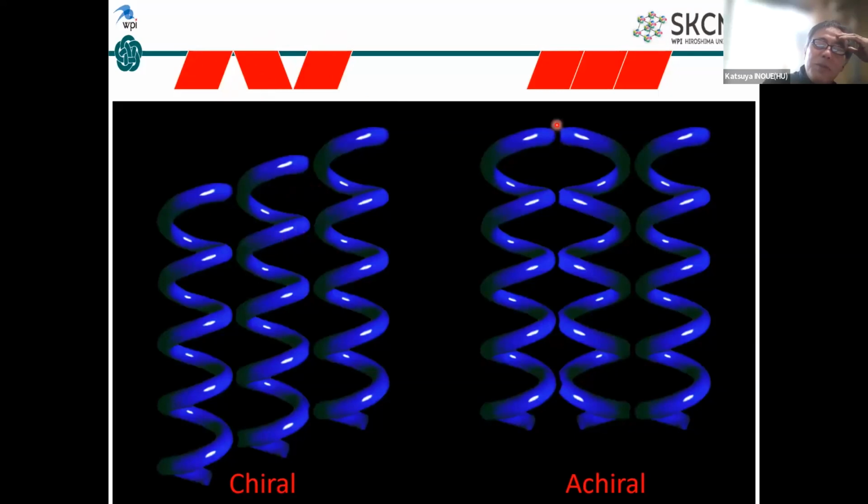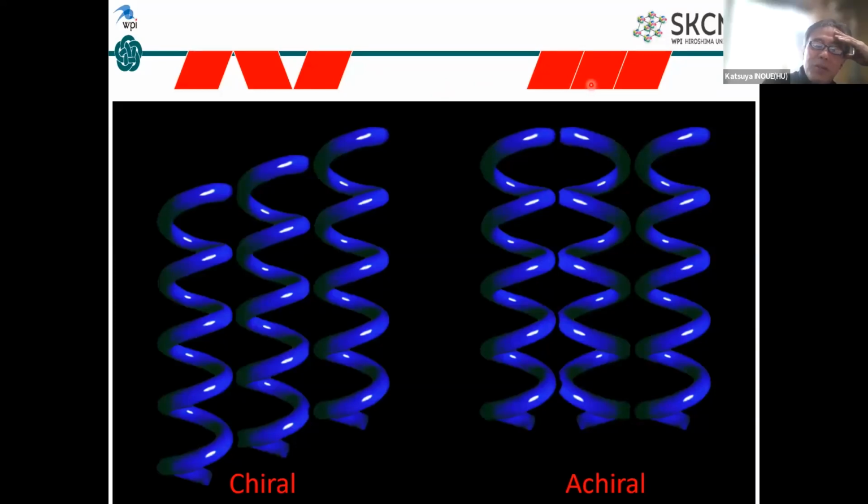But if we put right-handed and left-handed helices together, they can share a line. Then the density becomes heavier, and the cohesive energy, or crystal energy, is different between the chiral form and the racemic form.